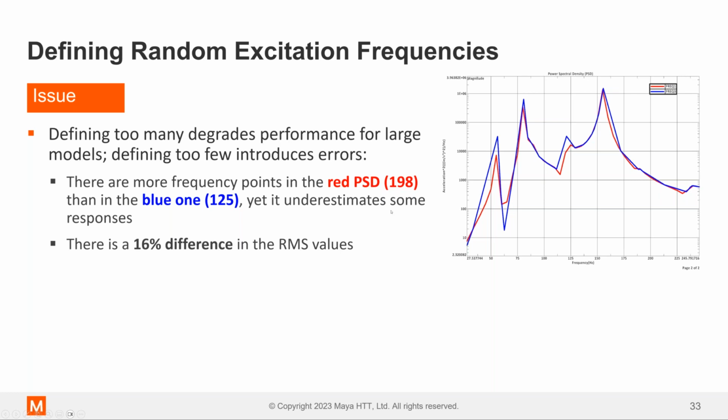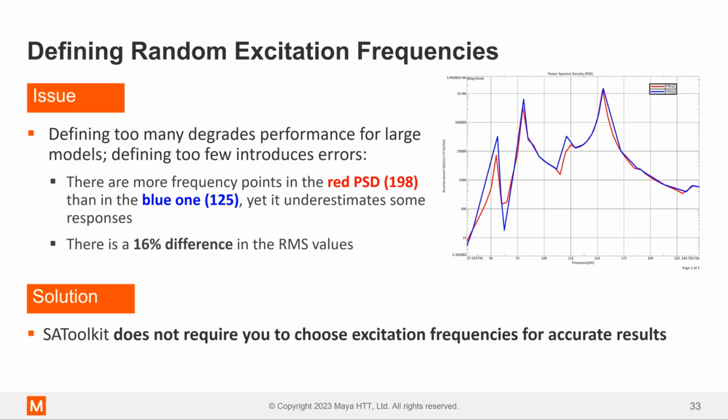You'd expect the red one to be more accurate, but there's actually a 16% difference in the blue one just because it has its frequencies more in the right locations, lining up with the frequencies in the model. It's more accurate. The nice thing about Structural Analysis Toolkit is it doesn't require you to choose these excitation frequencies. The FREQ3, FREQ1 cards that you might fill out if you're familiar with Nastran, you don't have to set those. It chooses them already, and it accurately runs them and makes sure you get accurate results every time, so you don't even have to worry about it.